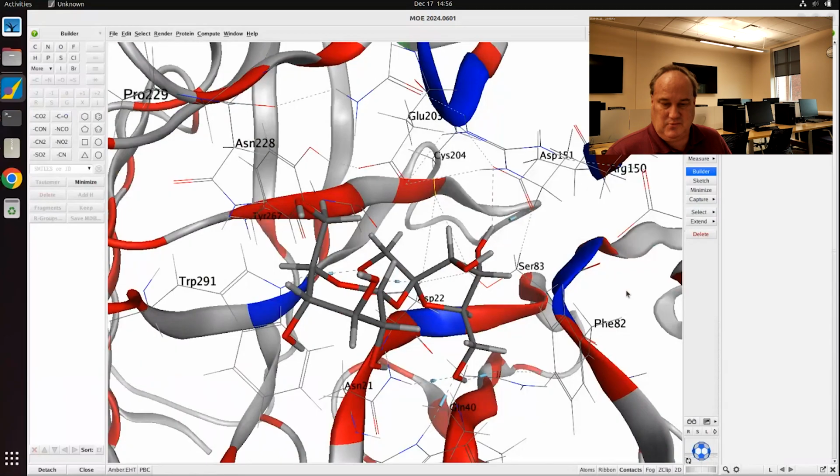And then don't forget, when we print, to go ahead and go to a white background for printing. So that is our docking confirmation 1. We do have a few more docking confirmations, but in the interest of time, I'm going to leave that to you.